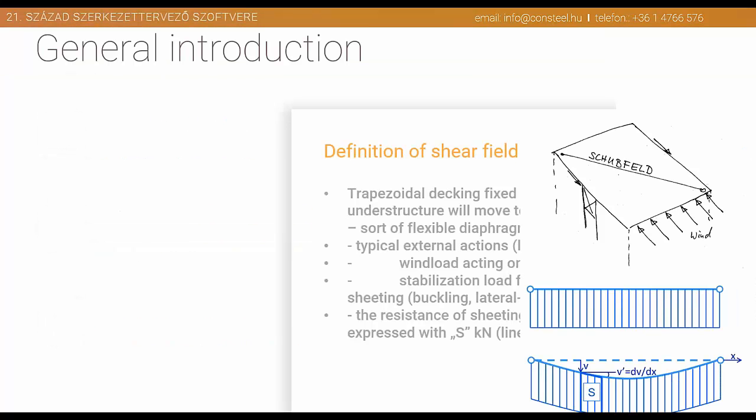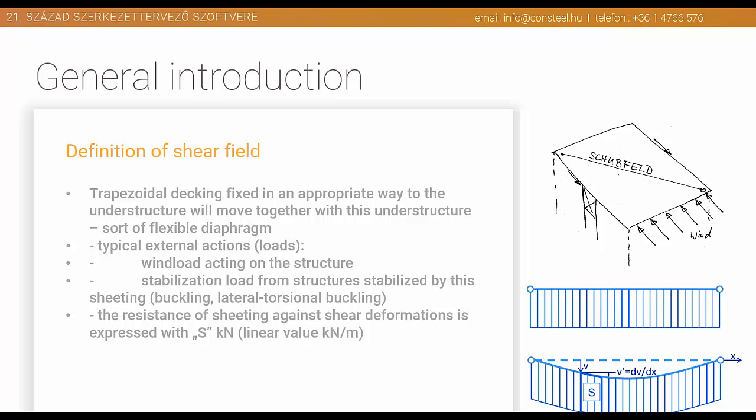Shear field is a terminology used within consideration of roof panel flexibility, mainly for the design of industrial single-story or even multi-story buildings. The roof of such steel buildings usually consists of trapezoidal decking or sandwich panels, which are fixed to each other.